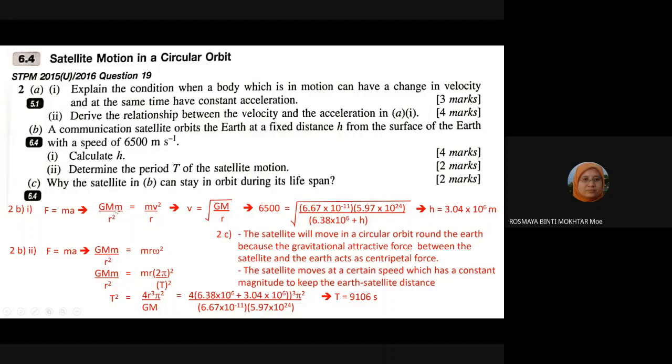Centripetal force is provided by the gravitational force. The second content comes from m v squared per r, so with constant speed, to keep the Earth-satellite distance r. So those are the 2 points for question C.